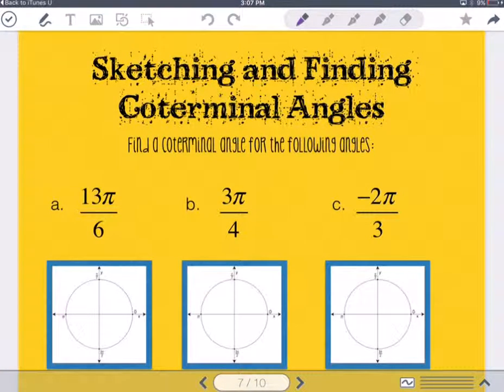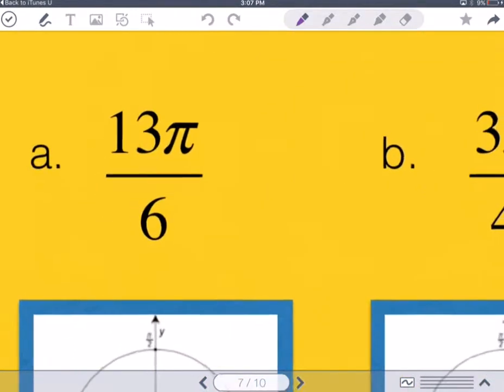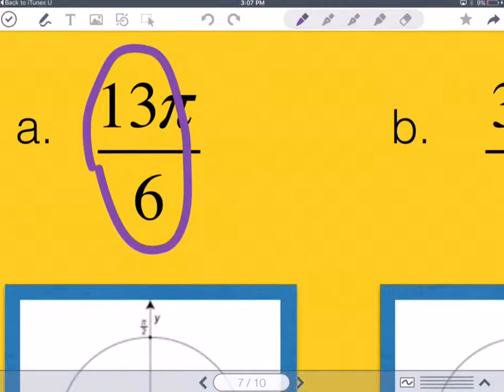All right, sketching and finding the coterminal angles. So previous to this one, we're going to sketch where it is. So whether it's here, whether it's here, or here. So 13 pi over 6. I'm going to look at just this 13 over 6. This is equivalent to 2 and 1/6.